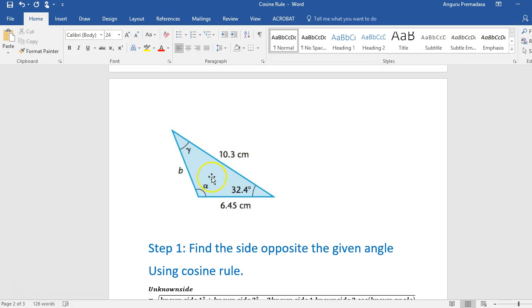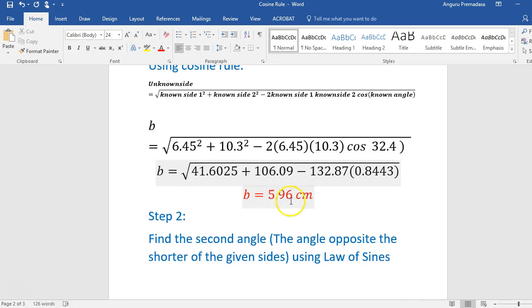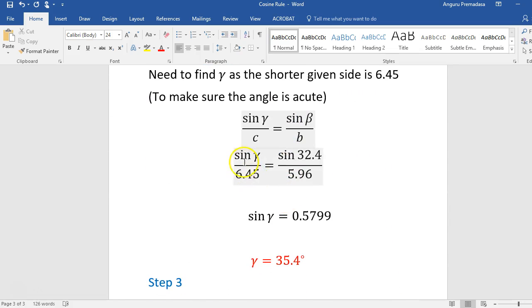So sine gamma over 6.45 is equal to sine 32.4 over 5.96. If you solve for sine gamma, you get 0.5799, and you get 35.4 when you use a calculator to find the arcsine.